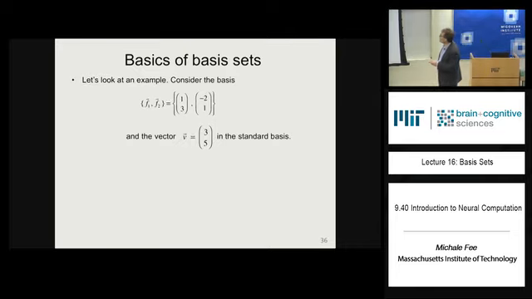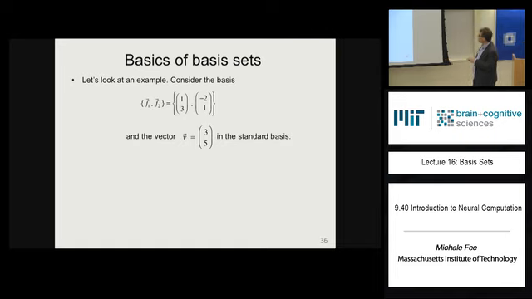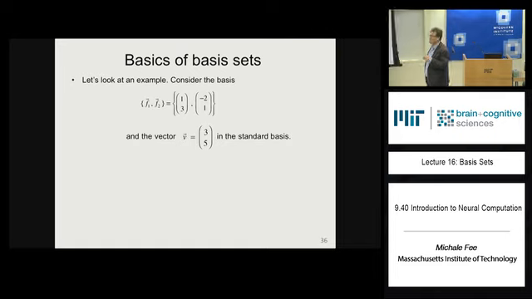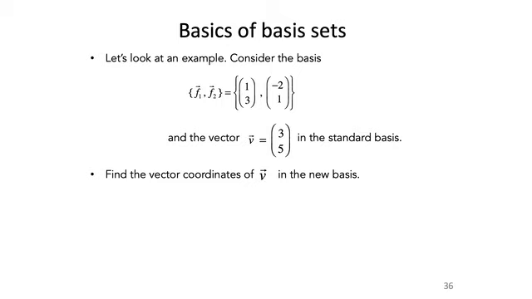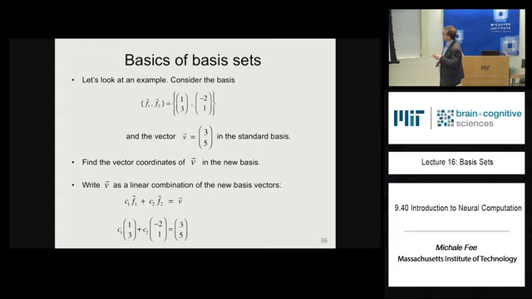And we're going to write down this vector v in this new basis. So we have a vector v that's 3, 5 in the standard basis, and we're going to rewrite it in this new basis. So we're going to find the coordinates of v in the new basis. We write v as a linear combination of these two basis vectors: c1 times f1, 1, 3, plus c2 times f2, minus 2, 1, is equal to 3, 5.